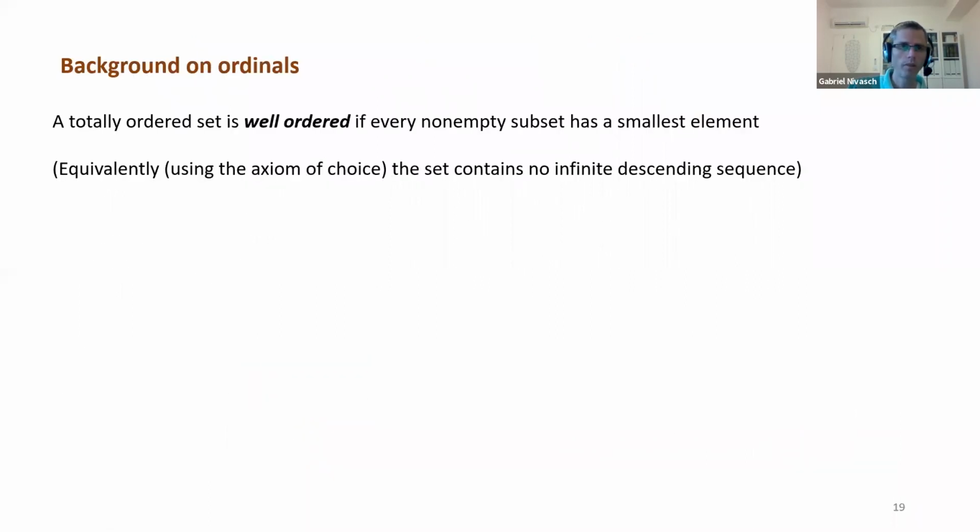Now some little background on ordinals. As I said, I suspect all of you know this stuff. It's going to be quick in any case. A totally ordered set is well ordered if any non-empty subset has a smallest element, which, if you don't mind using the axiom of choice, all means that it contains no infinite descending sequence.